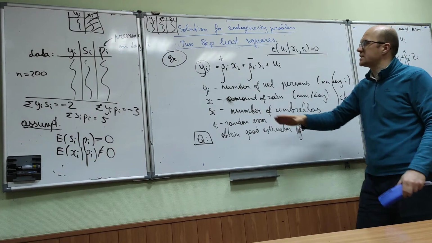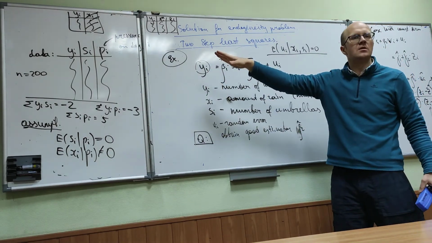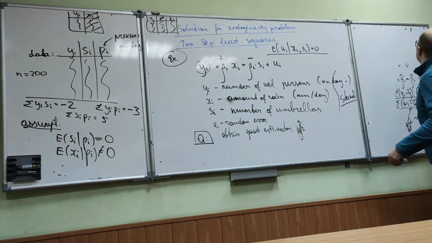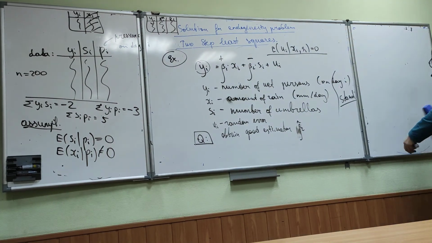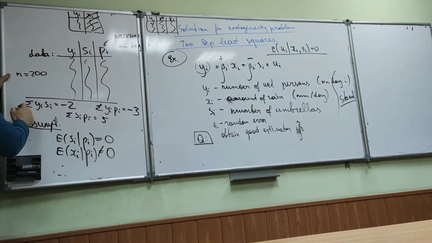Let's just regress y on s. I have no p in the model. So, first idea, I may add more data. I may say that the sum of si squared is, let's say, 6.